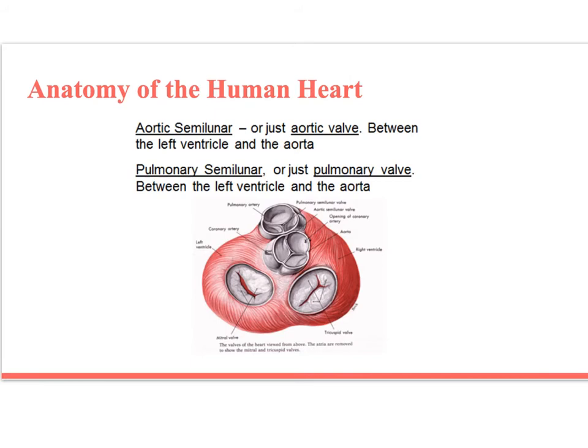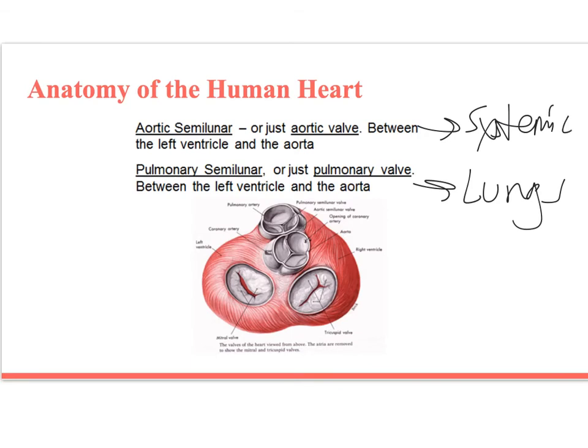And these are basically responsible for letting blood into those arteries that will then, this one will go to the lungs. That's kind of the major thing, and then this one is obviously going to go systemically to supply blood to all of our body. So these valves, again, are one-way valves, and they just help maintain that pressure.